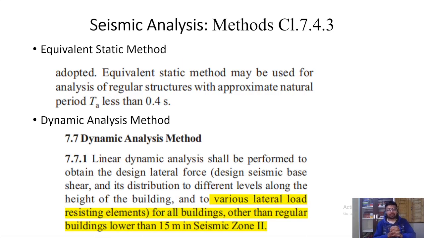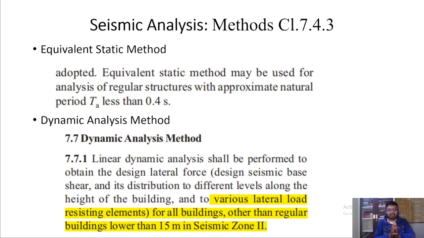Okay, so what does the IS code tell us are the two methods of seismic analysis? One is the equivalent static method, which is used for structures in zone 2 with height less than 15 meters and time period less than 0.4 seconds. What the zone factor, zones and time period are, we will understand, no need to worry. Just know for now that for time period less than 0.4 seconds and for zone 2, we design by the equivalent static method.